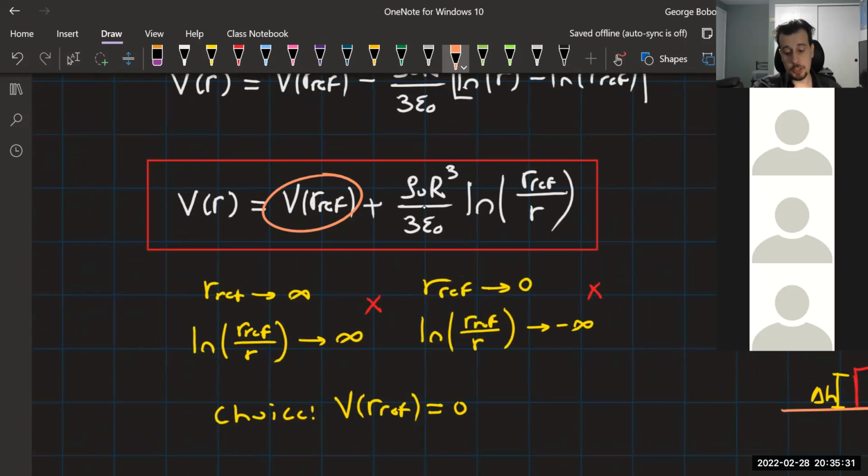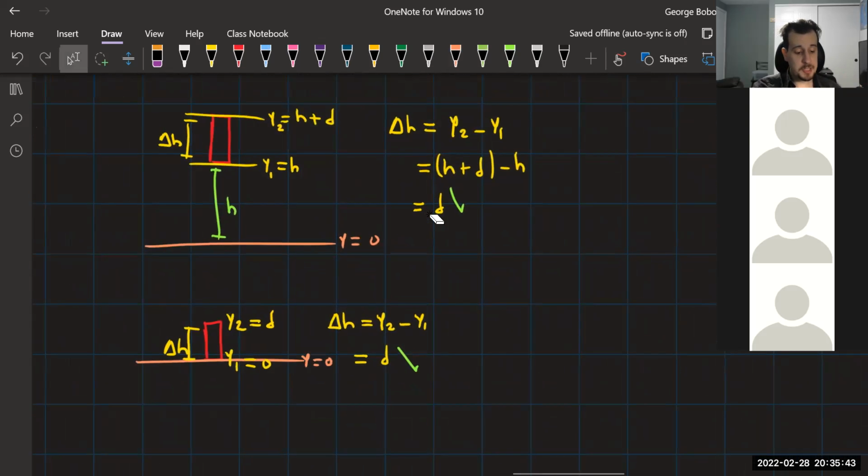Make that your 0 and make your life easier by not having to carry around this stupid constant. It's up to you. So in relative differences in physics, the offsets never matter. Whenever you're doing a delta in physics, it doesn't matter how much the offset is.